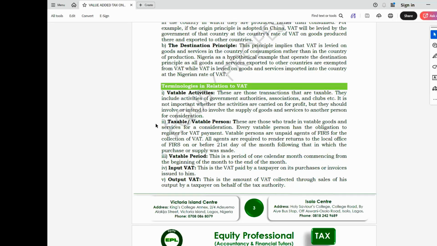So those people that sell goods and services that are liable to VAT, in simple terms, are regarded as taxable or vatable persons.